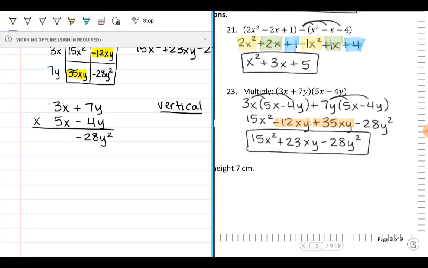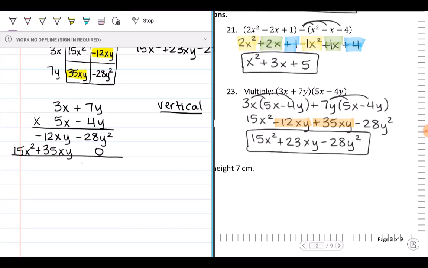And then you move over to the next one, negative 4y times 3x would be negative 12xy. And then you put in a 0 here, right? Because that's what we did when we moved to the next place value. So drop in a 0 there. Then you multiply 5x times 7y, which is 35xy. And then 5x times 3x would be 15x squared.